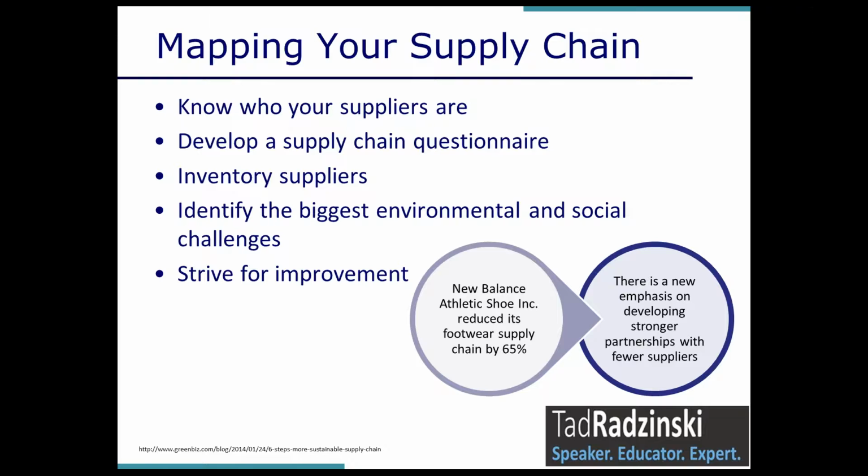From the social side, a source of information for that could be if you are a supplier to someone like a Walmart or a Target or some of these other retailers, they've done work with the Sustainability Consortium that's identified KPIs or key performance indicators that include both environmental and social. That's another source of information to try to identify what your key issues are.